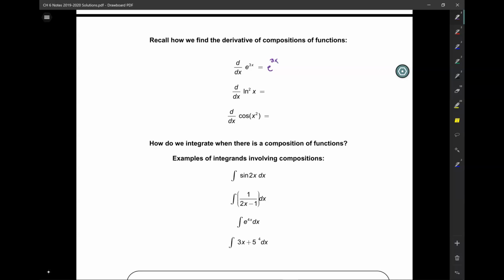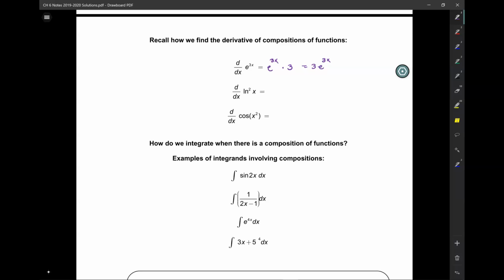But now, to account for the composite function, to account for the stuff inside, we then had to take the derivative of 3x and say times 3. So this would have been 3e to the 3x. You have to take a derivative of the outside and then of the inside.